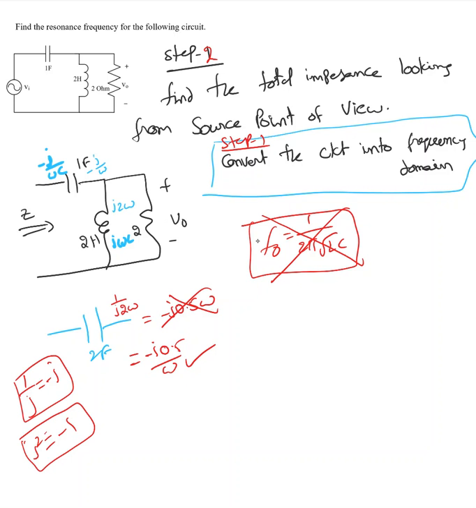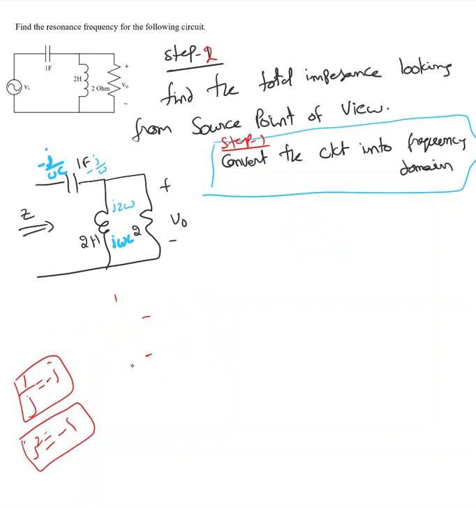Now let me erase this so I can have enough room here. I'm going to erase this part too. Now I'm going to find the total impedance. So Z total equals, I can clearly see these two are in parallel, so j omega L, which is j2 omega. So I see j2 omega in parallel with 2 ohms. The combination is in series with 1 over j omega.